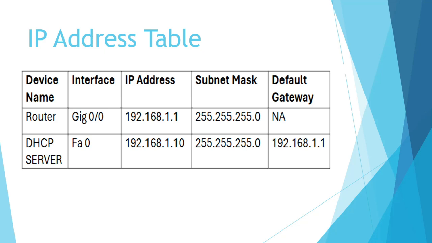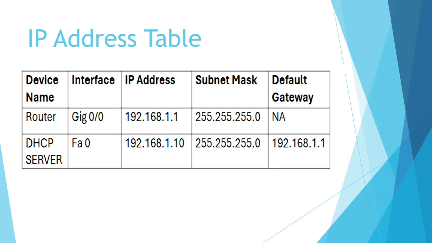Now, this IP address table we are going to use. The router will be configured on interface GigabitEthernet 0/0 and the IP address will be 192.168.1.1, and the subnet mask will get generated automatically and it will not have any default gateway. After this, while configuring the DHCP server, we are going to use FastEthernet 0 and an IP address within the same network.